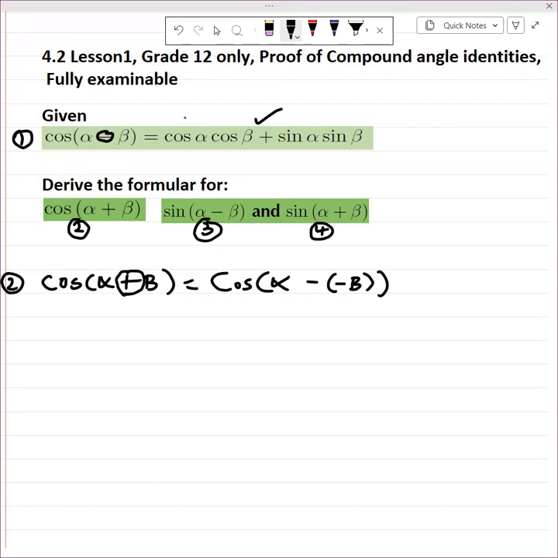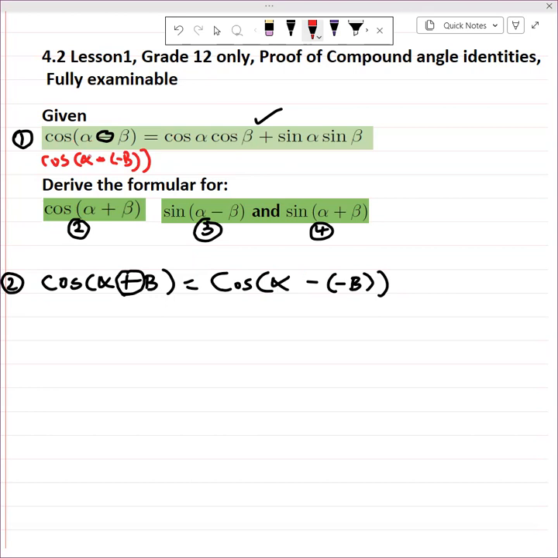Good. So now I want to show you something. I'm going to take this identity and write it there: cos alpha minus negative beta, and then close. I want us to compare these two identities, this one and this one.